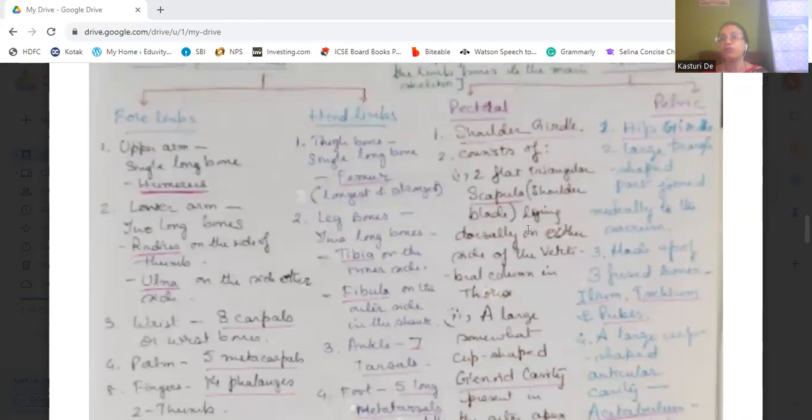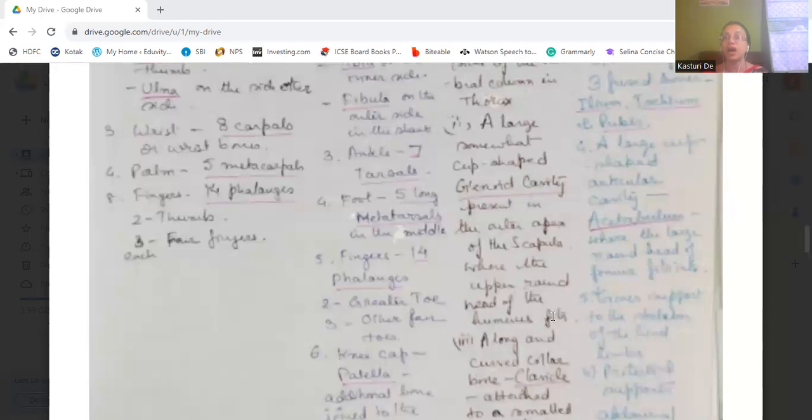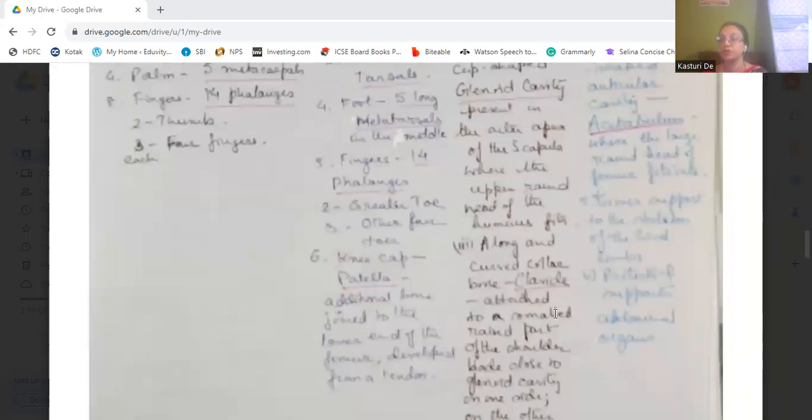We have 2 flat triangular scapulae, which are known as shoulder blades, lying dorsally on either side of the vertebral column in the thorax region. A large, somewhat cup-shaped glenoid cavity is present on the outer apex of the scapula, where the upper round head of the humerus sits.